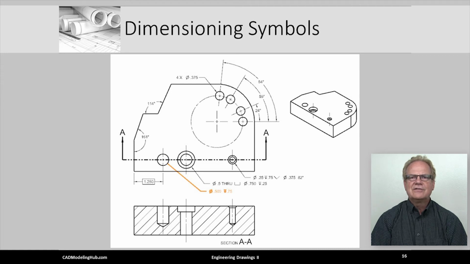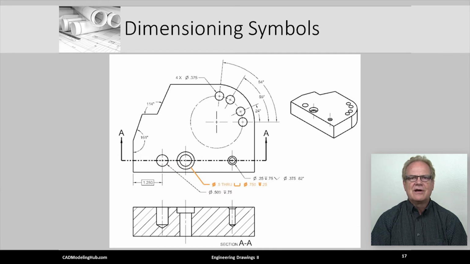So in this case, the hole is a 1/2 inch in diameter, drilled to a depth of 0.75 inches. Look in the front view labeled Section AA to see a section or cutting plane view of this simple blind hole that does not go completely through the part.